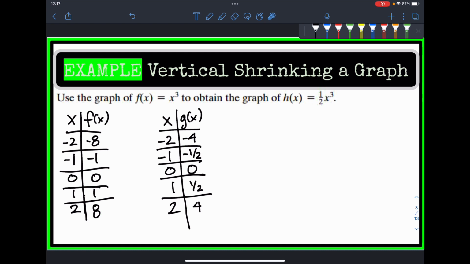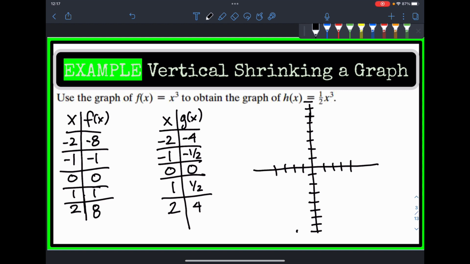So as you can see, what's going to result in the graph is the graph of this function, and let me do my best to draw this as accurately as possible. Going up 1 through 8 and down 1 through 8, and at -2, -8, then -1, -1, 0, 1, 1, and then 2, +8, our graph will look like this.